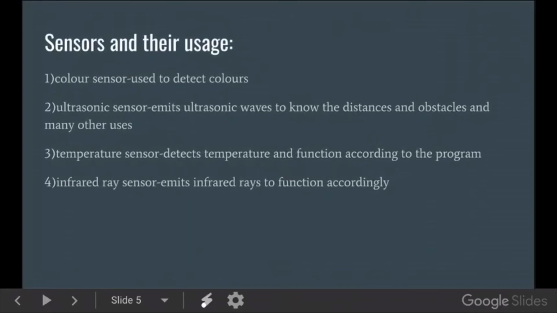It's very interesting, and I'm eager to know more about the infrared ray sensor, and I'll surely make presentations on it too. Ultrasonic and infrared ray sensors are the most interesting sensors I have ever seen or worked with.